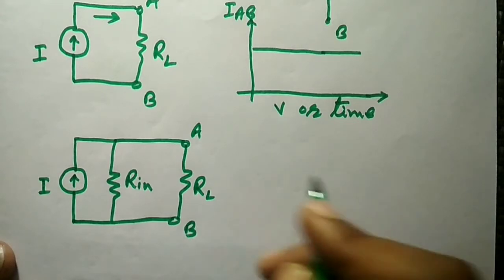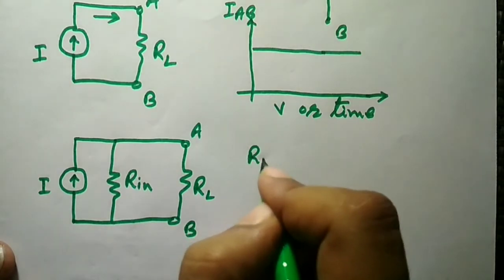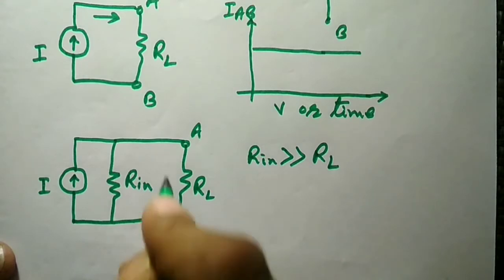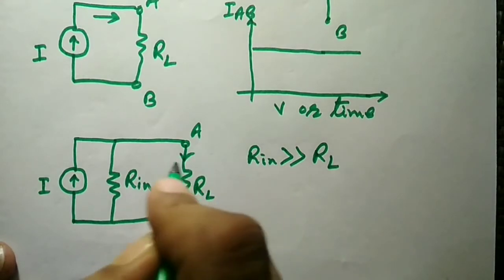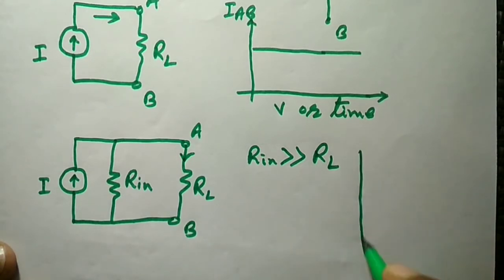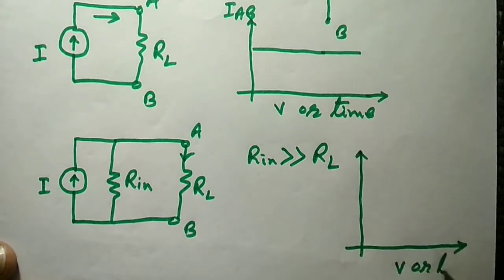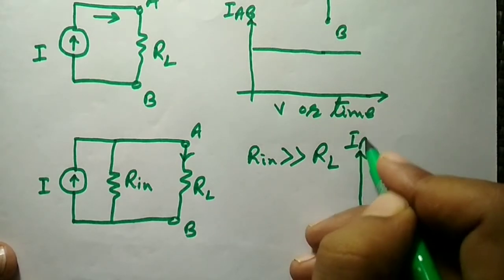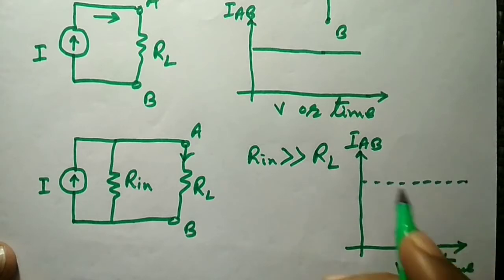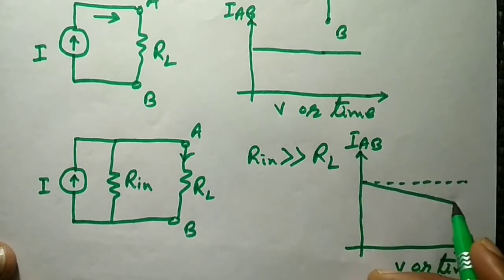Remember one thing here, the internal resistance is much greater than the load resistance. So the current flowing through the load resistance can be represented with respect to the voltage across the load terminal or the time, and it can be represented as this.